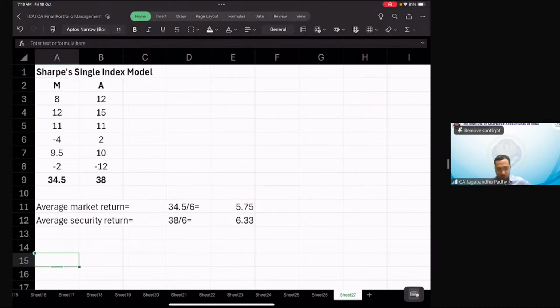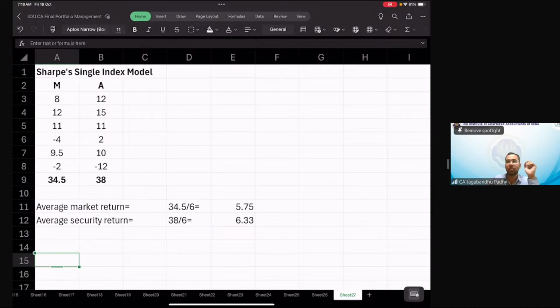So the average security return is 6.33, and the average market return is 5.75. The market returns are 8, 12, 11, minus 4, and so on. These numbers are given, and the security returns are given as well. So we computed the average returns. That is the first step that we do while calculating the regression.